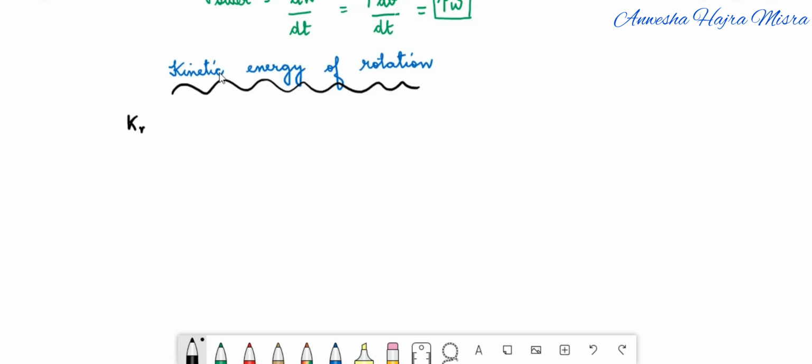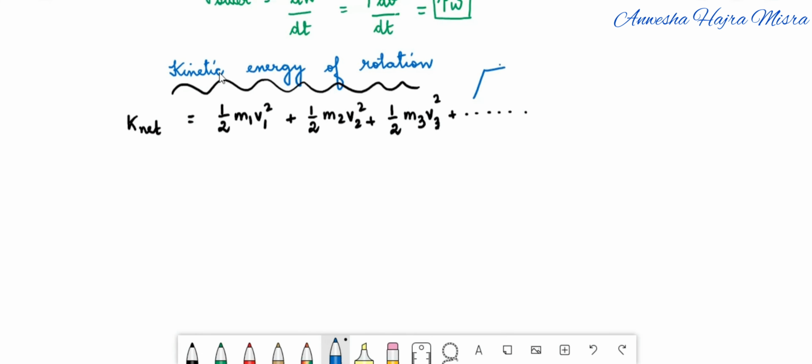Net kinetic energy is half m1v1 square for particle 1, half m2v2 square for particle 2, half m3v3 square for particle 3, and so on.